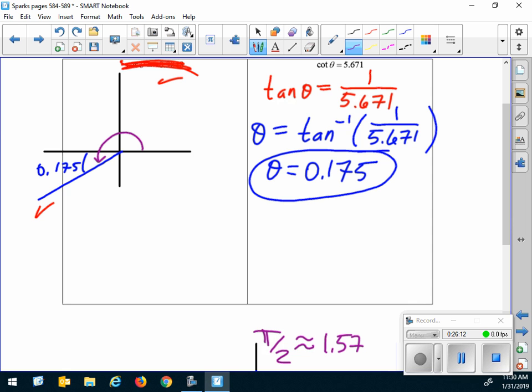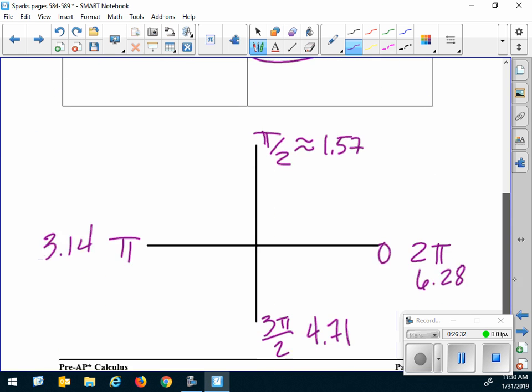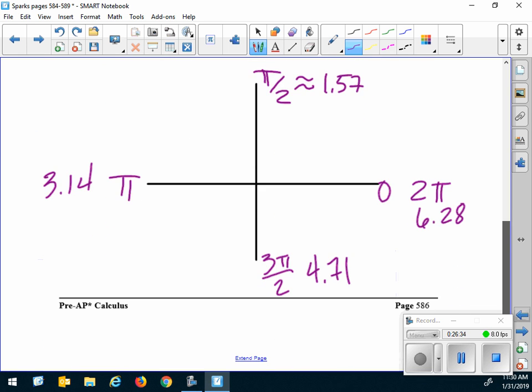What do? Add pi. No degree, stand it, no degree. Am I sure that angle's in quadrant 3? 3.316. Ha ha, there you go.